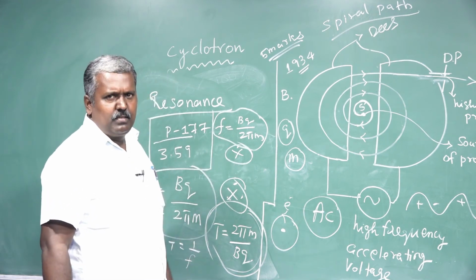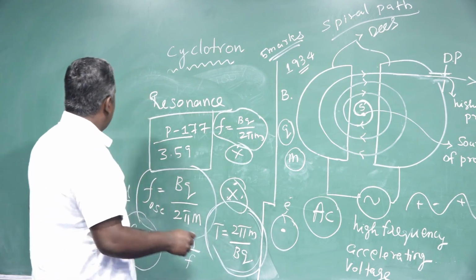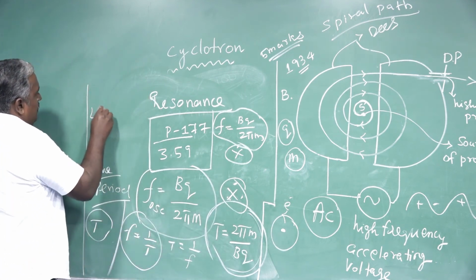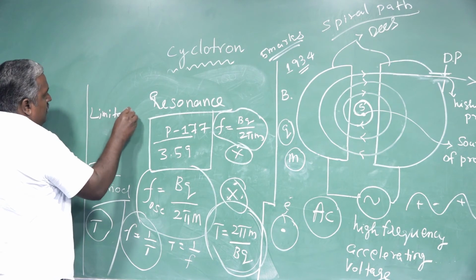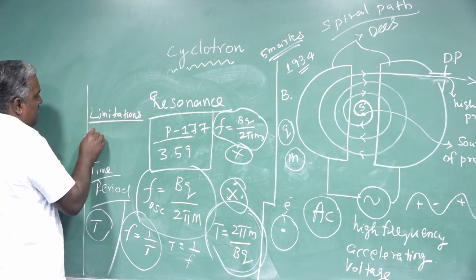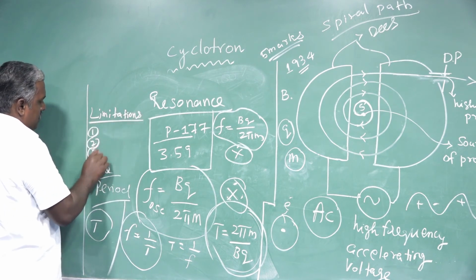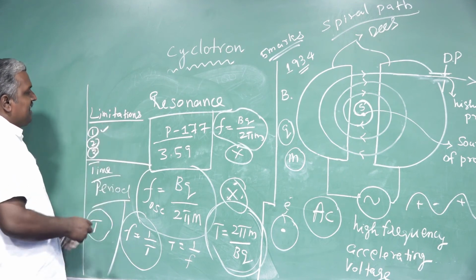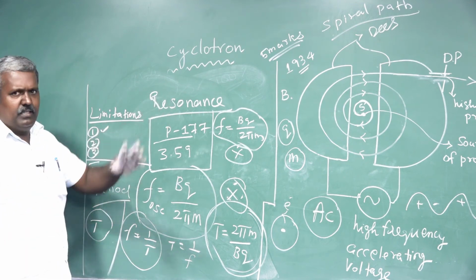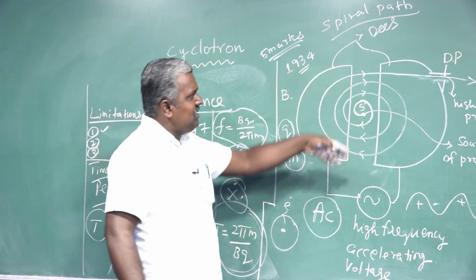Now, limitations of the cyclotron. There are 3 points. This is the final step. First, the speed of the ion is limited. We cannot increase it beyond a particular level; it is limited.